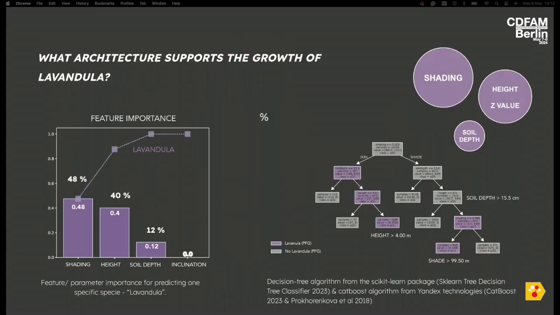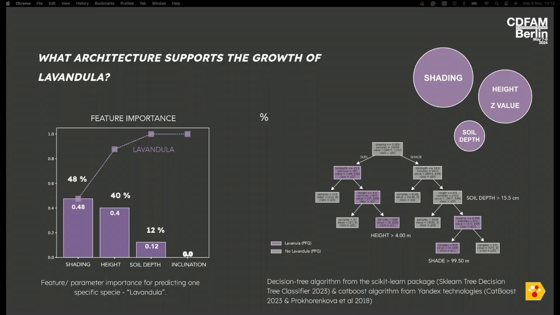For the machine learning analysis, we tried different algorithms. For instance, the decision tree algorithm from the scikit-learn package and the CatBoost algorithm from Yandex Technologies. And both of them returned similar results.